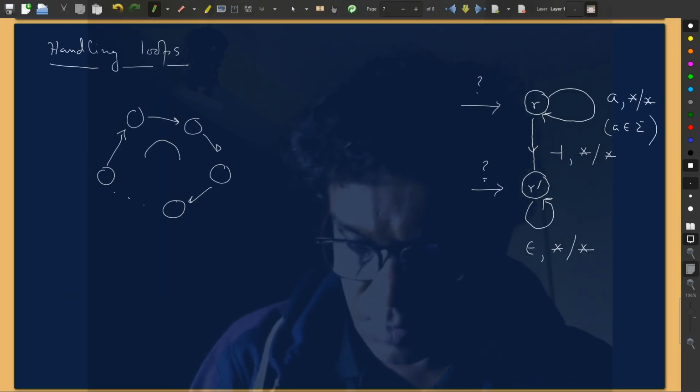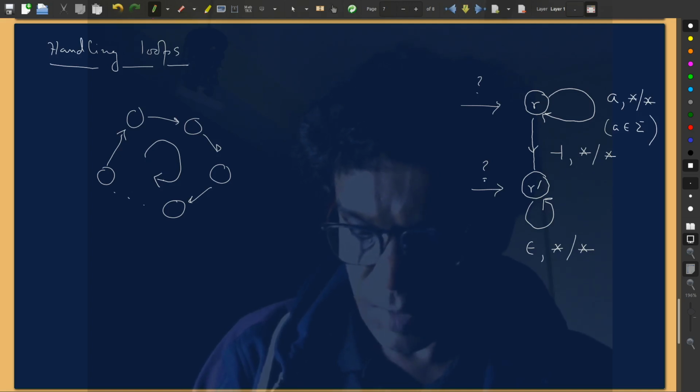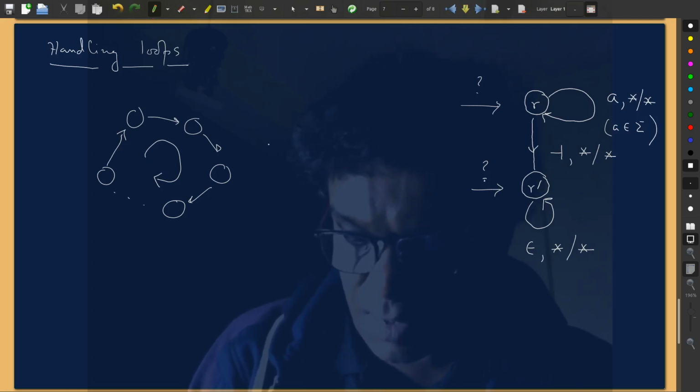So this is an infinite loop, not necessarily consisting of just one state, but possibly multiple states. This is an infinite loop where the machine eventually falls back to the same state.